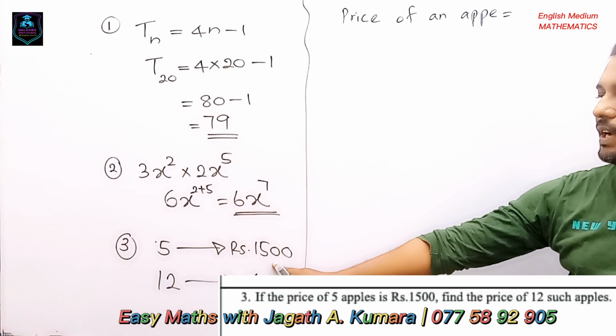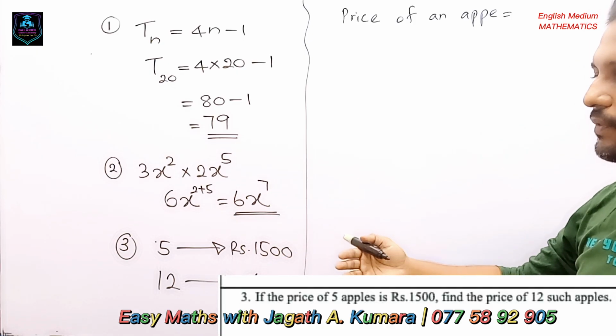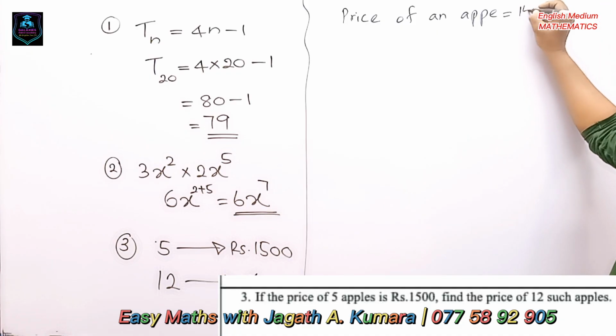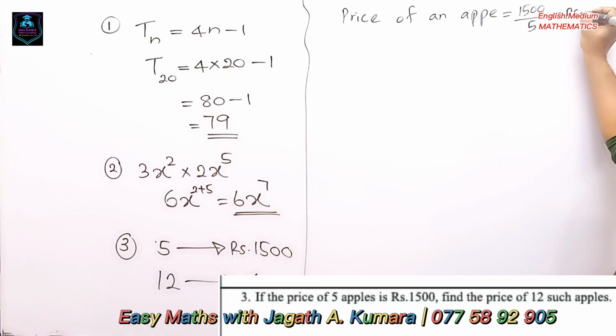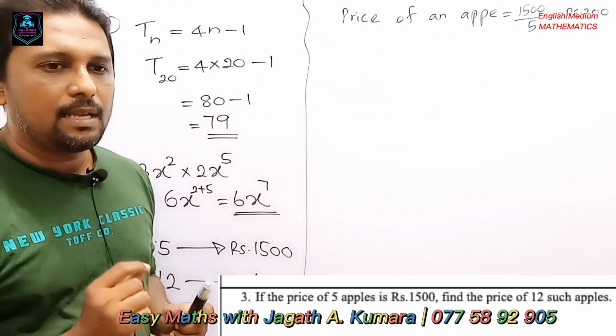The price of 5 apples is 1500 rupees, then you can find the price of an apple: 1500, you have to divide by 5. So what is the answer? 300 rupees, right? It is the price of 1 apple.